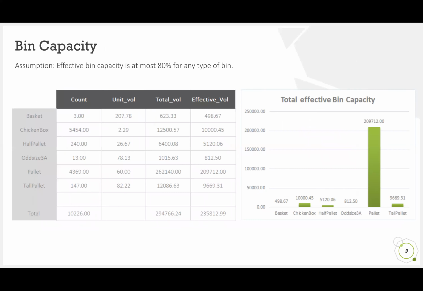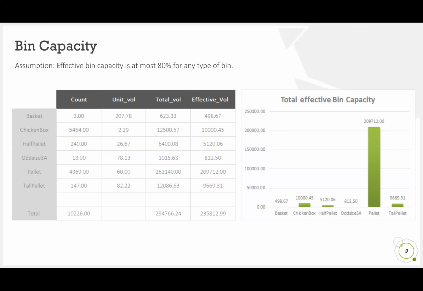In the data analysis part, we have seen in their bin capacity that they have a total capacity of almost 300,000 cubic feet, but we have taken an assumption that at most they can use 80% of this, so it's almost 235,000 cubic feet.